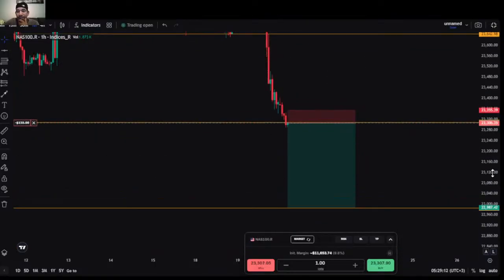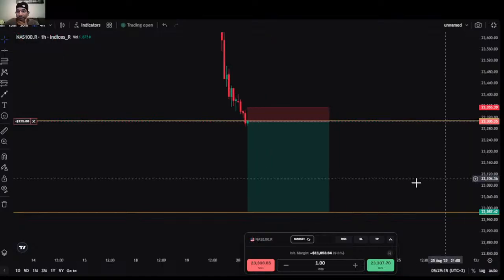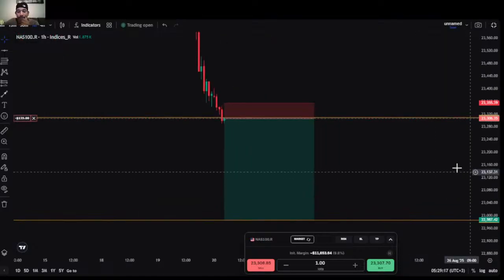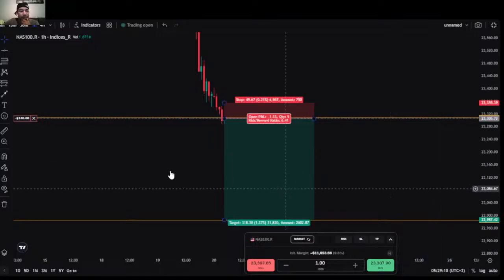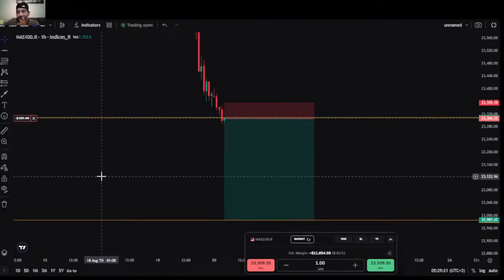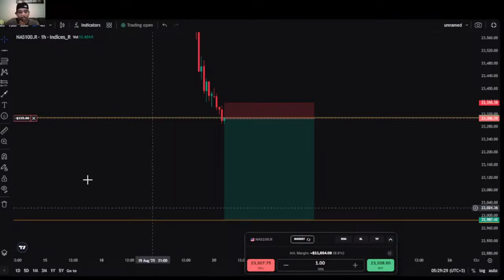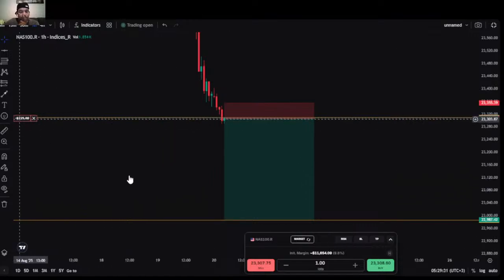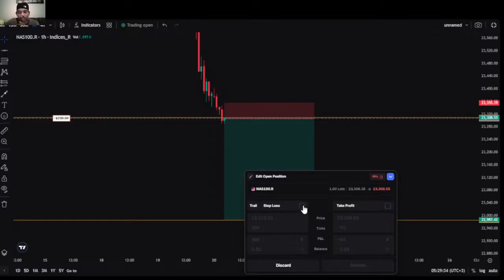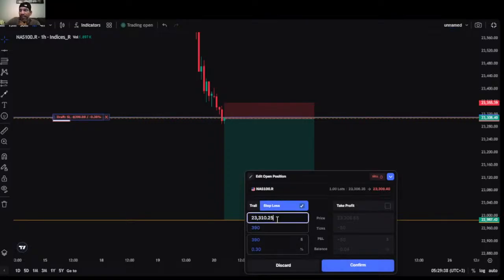So I'll give it a shot. I'm not risking much, so I'm good. I'll let it play out there. I'm risking like 50 pips here.